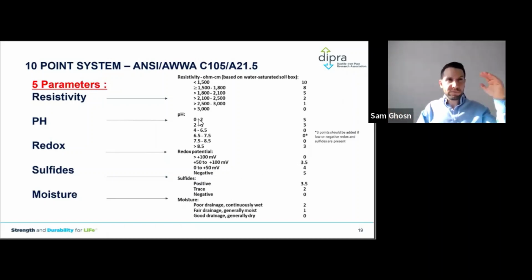We measure total points for that soil, and if your points are above 10, this soil is deemed as corrosive to iron. You have to protect this main, and if the points were less than 10, we do not have to protect that main. Today, we have the design decision model that is an evolution based on this 10-point system, and I will discuss that in the last part of this presentation.